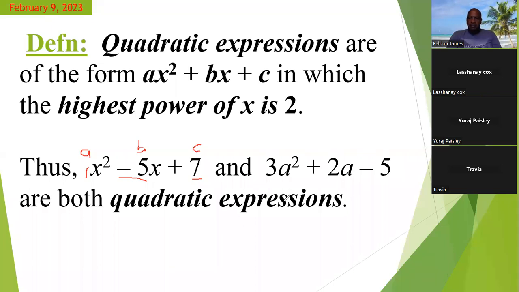Come on guys, 2, and what would be C? -5. Correct. So for this specific form, the A would be 3. So the A from the general form here, B, C. So the A in this specific form would be 3.